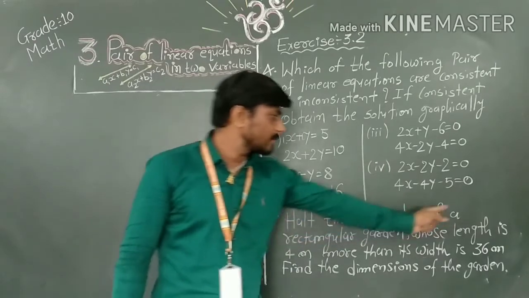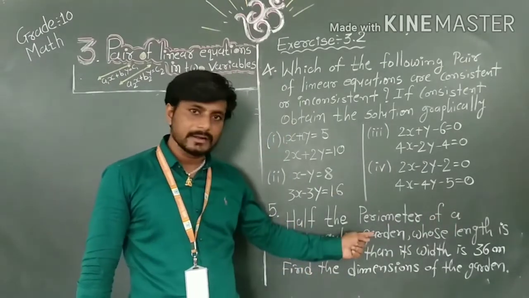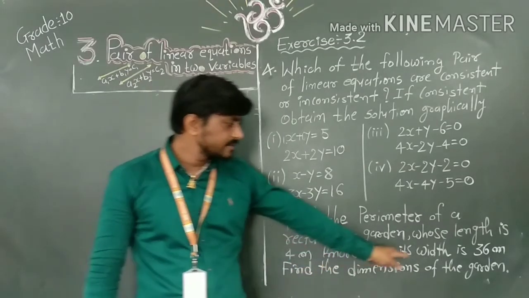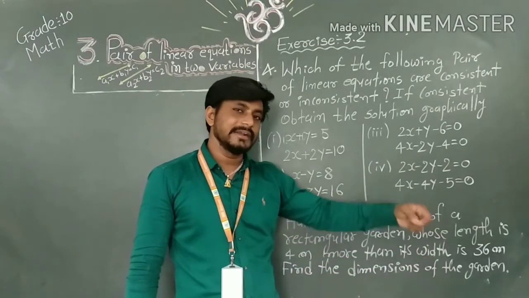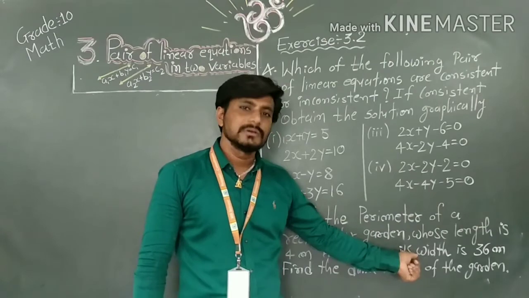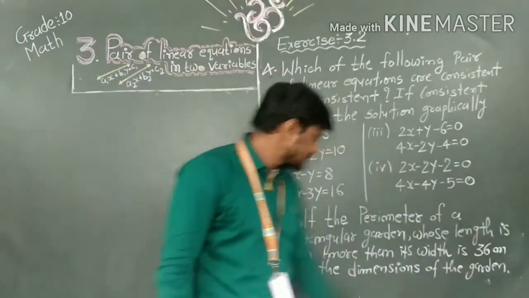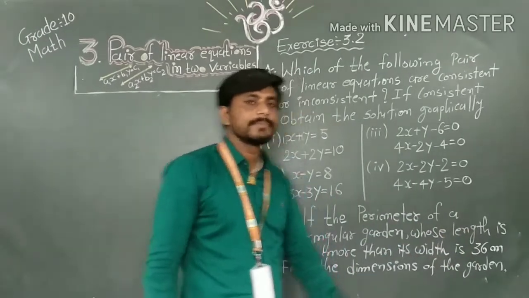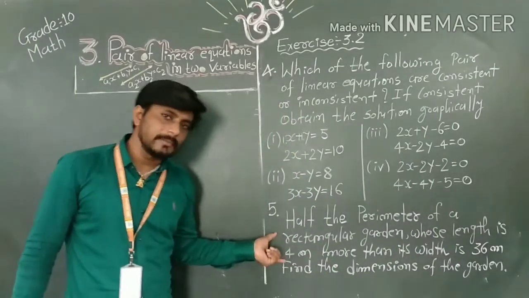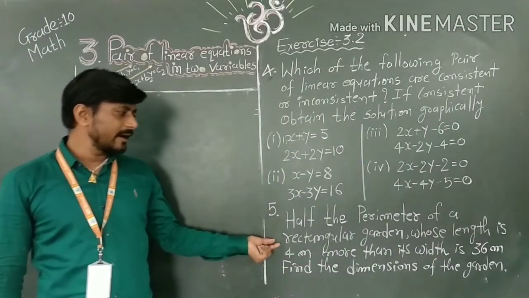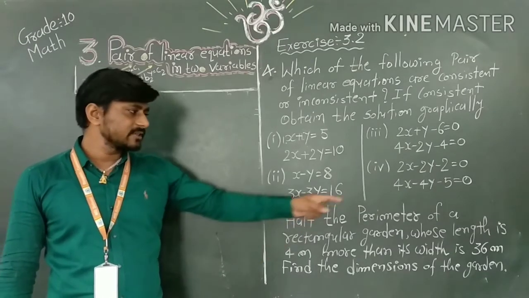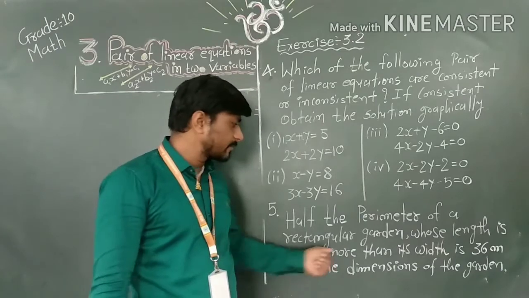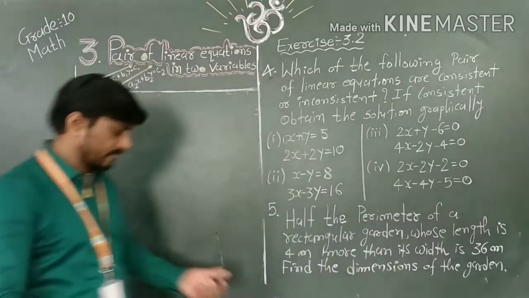Half the perimeter of a rectangular garden, whose length is 4 meter more than its width, that means breadth, is 36 meter. Find the dimensions of the garden. In this problem, there is a rectangular garden and the half perimeter is 36, and one condition is given: the length is 4 meter more than the width.